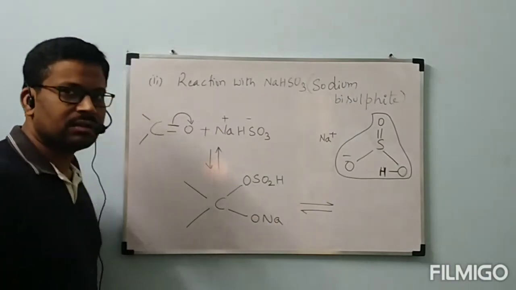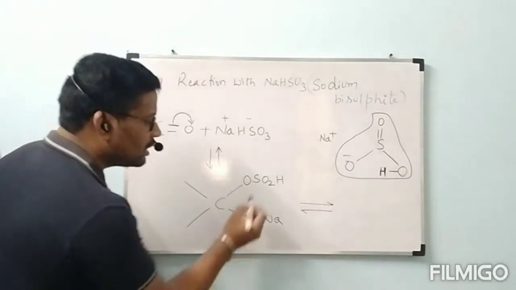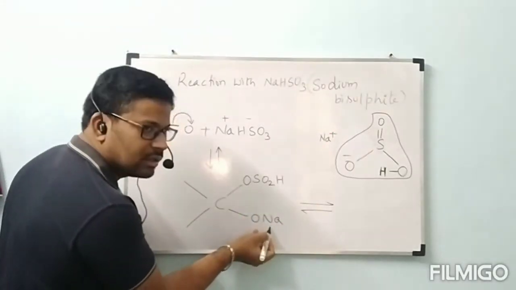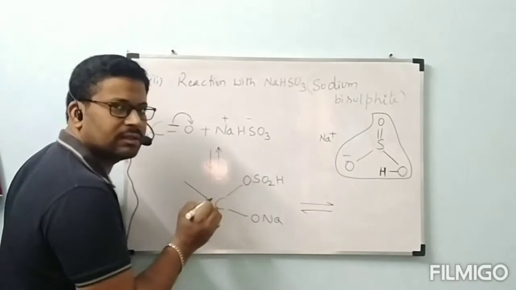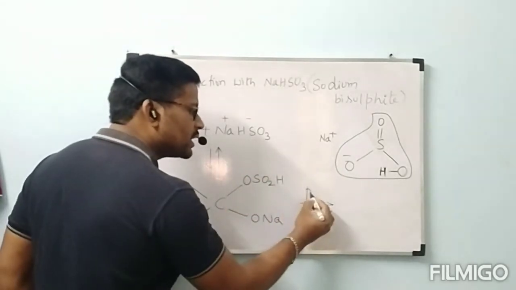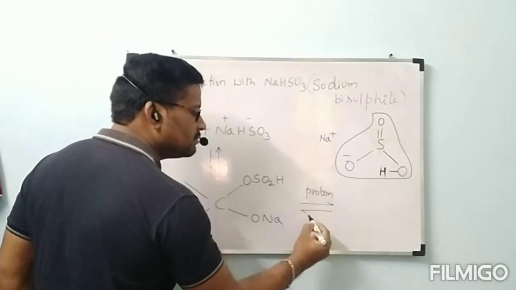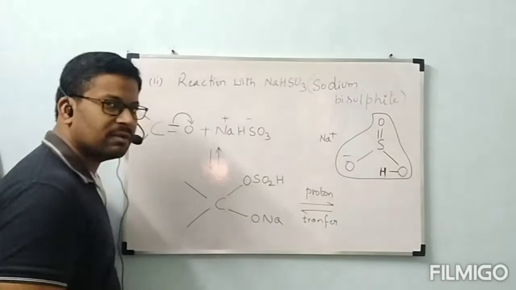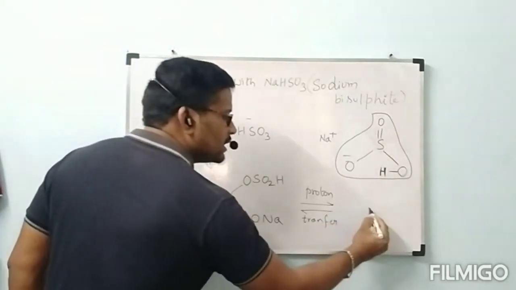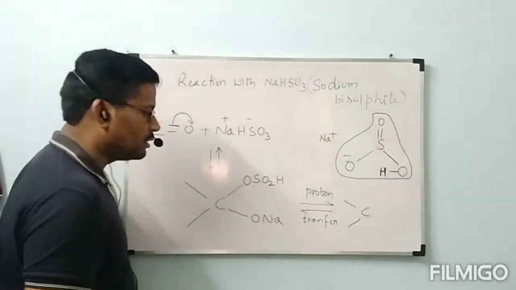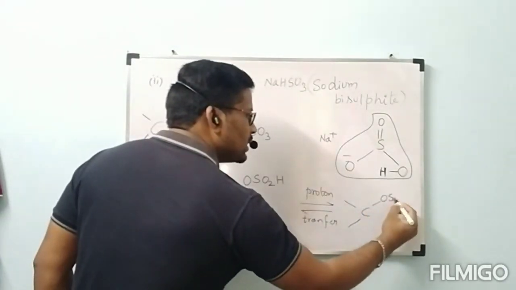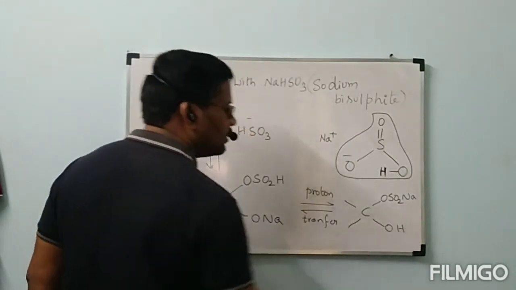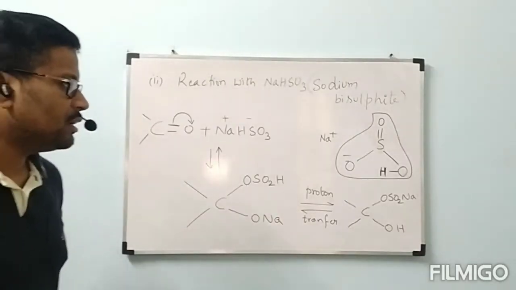The second step is also a reversible reaction in which the hydrogen present here will be shifted to here and sodium will be shifted to here. That is called proton transfer. H plus is nothing but a proton, because it has one proton. Proton transfer will happen to form C bond OSO2Na and OH.